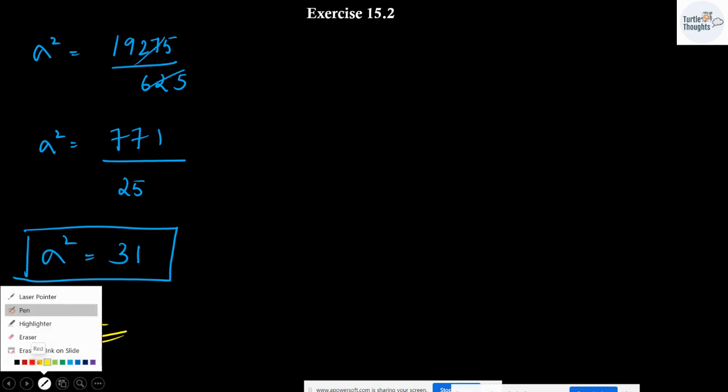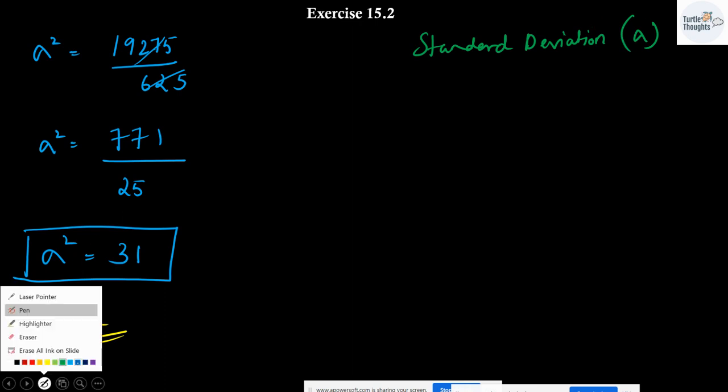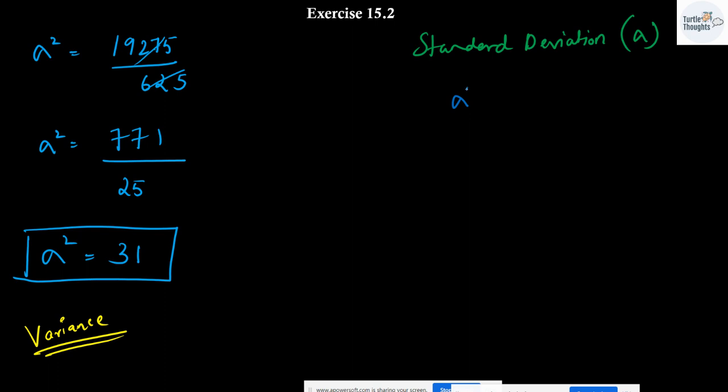Next, I can find out the value of standard deviation. Standard deviation is given by just sigma. I know the value of sigma square, so I can write sigma square is going to be equal to 31.